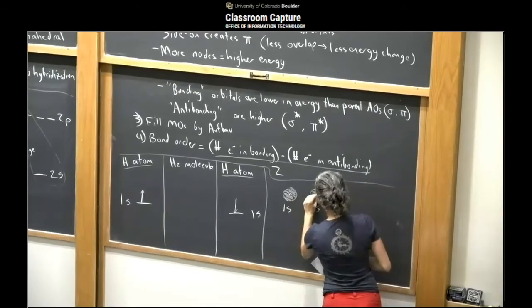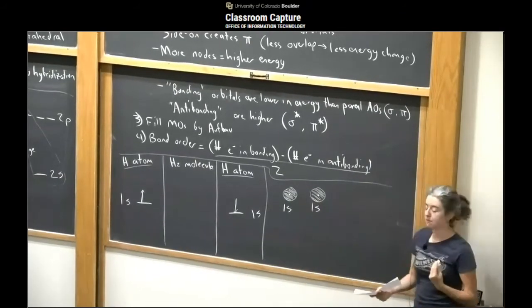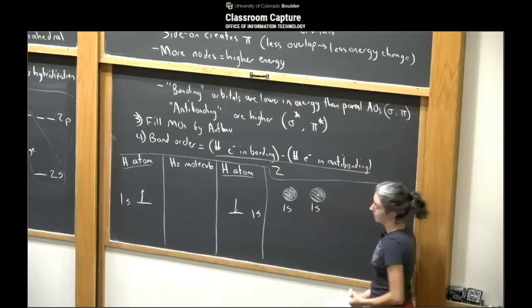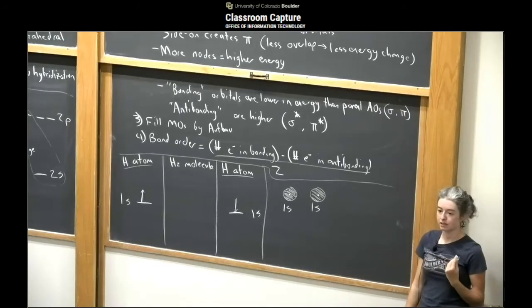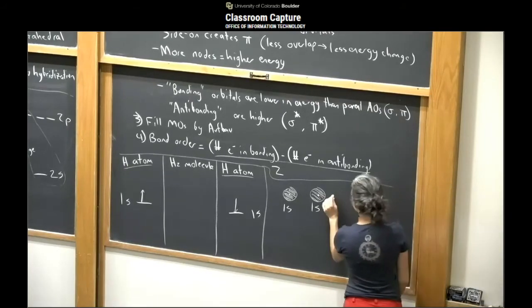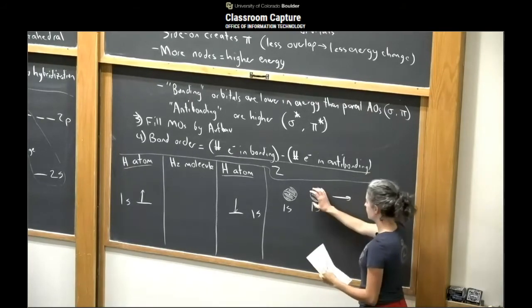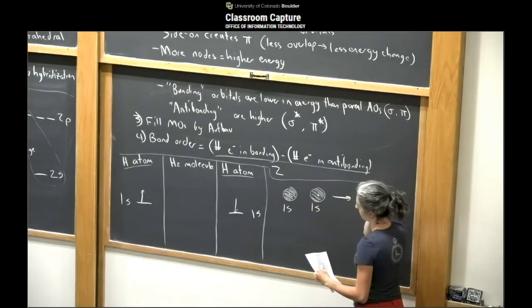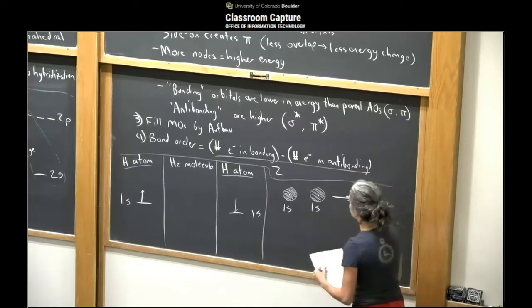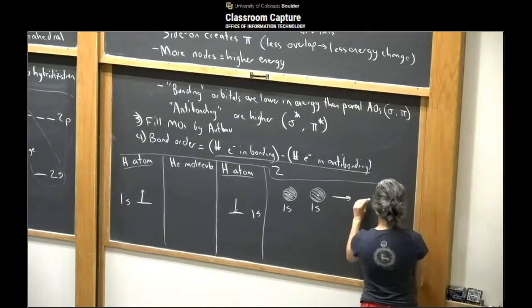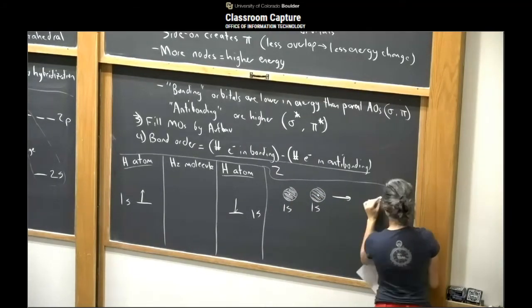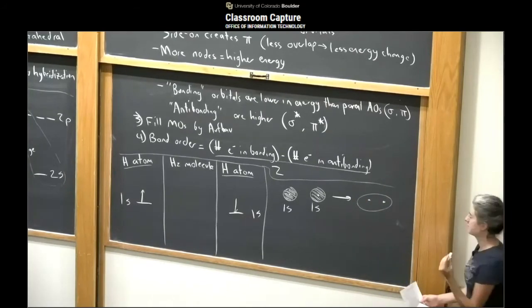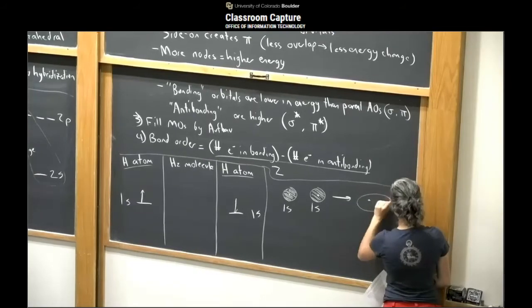So if I bring them together and I happen to be showing them as the same phase, the same color, they're going to get, what, constructive or destructive interference? Constructive, yeah. And so you can think of it as these two packets of electron density or wave function are going to merge together when we get the atoms close together. And they're going to form this egg-shaped or oval-shaped packet around both nuclei.